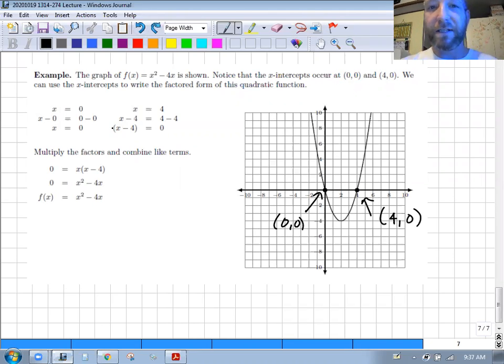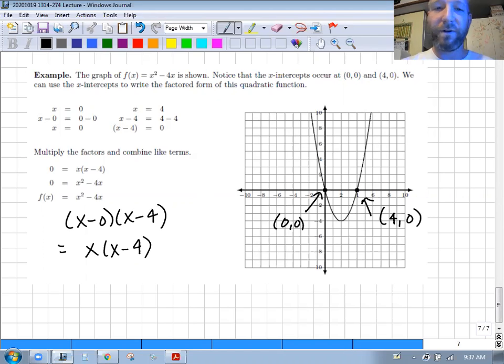So our factorization is going to be an x minus 0 and an x minus 4, right? Which is x times an x minus 4. If you look at the function, you can see, factor out an x, you have an x minus 4.